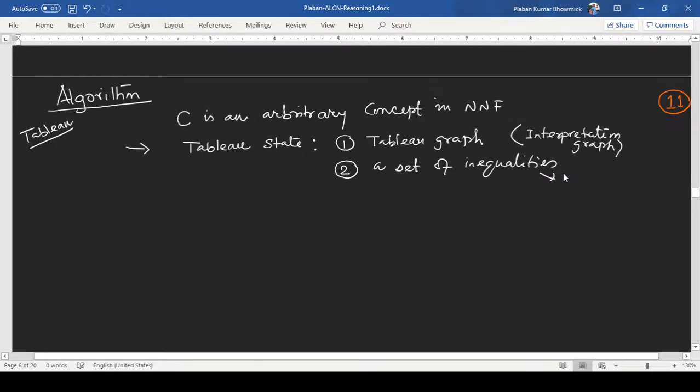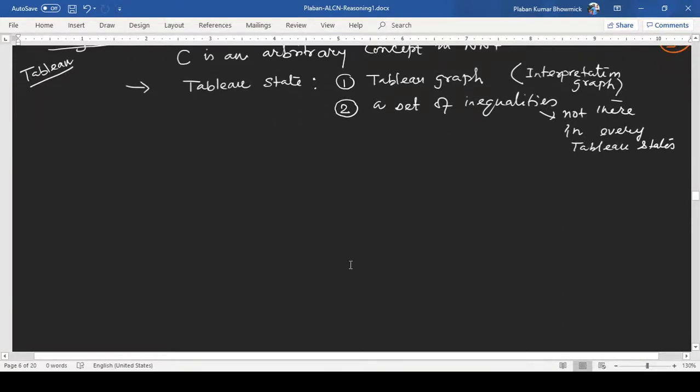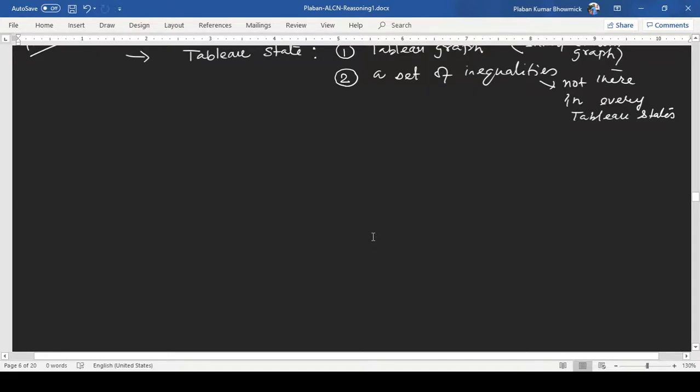This is not really there in every Tableau state, right? There are some certain special Tableau states where these inequalities will be there just to indicate whether a pair of individuals are non-identifiable or not, right?